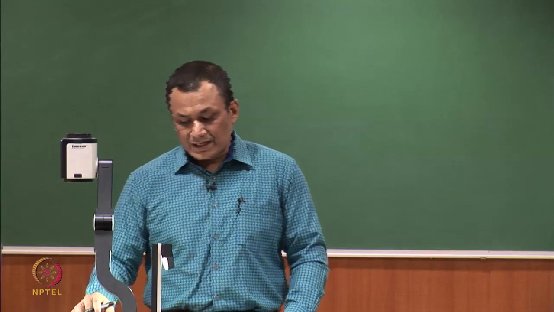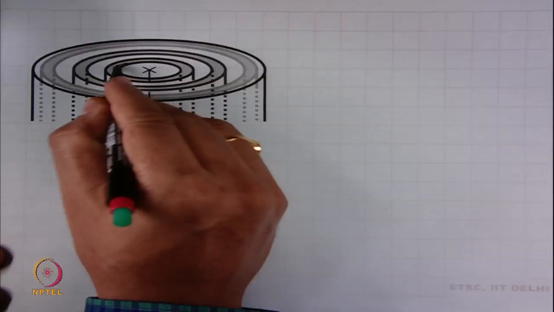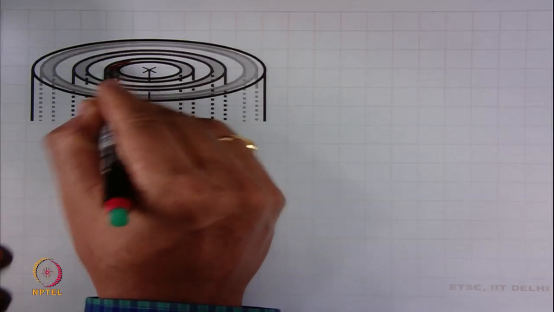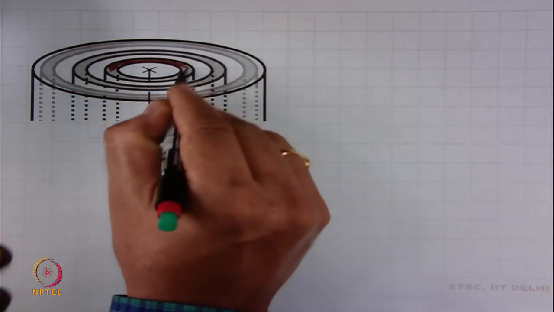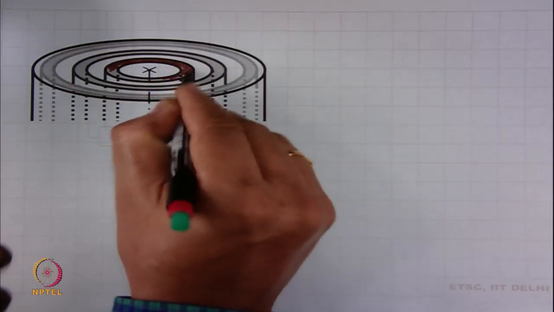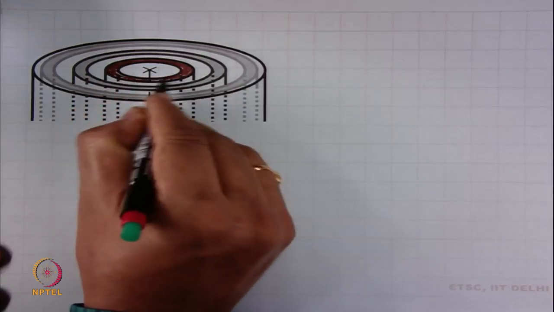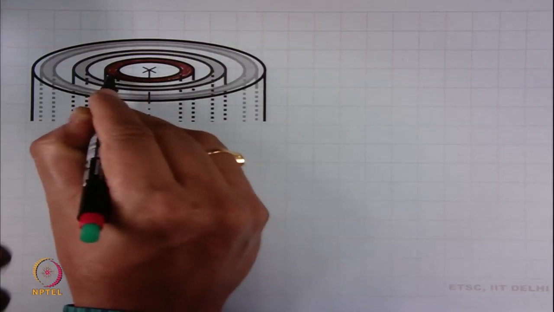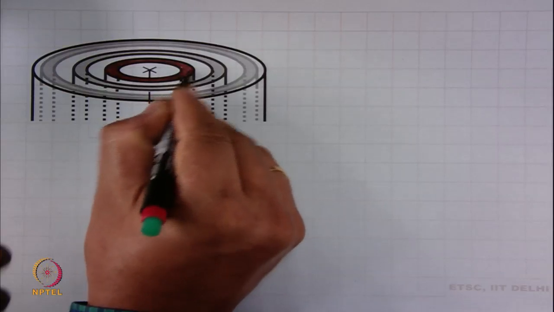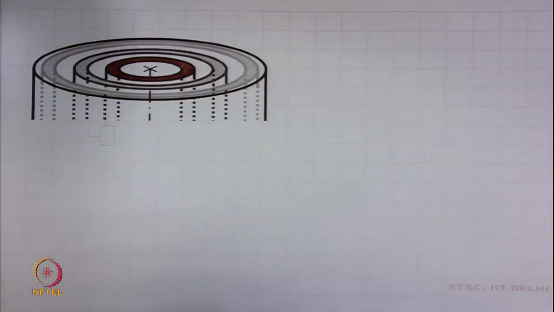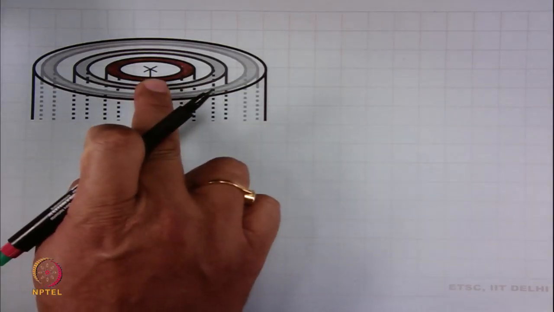Here you see a cylindrical yarn. Near this region, near the core, the volume of the cylinder is very less because it is very close to the center of the yarn, so its radius is very small. So, fiber intersections must be small here.